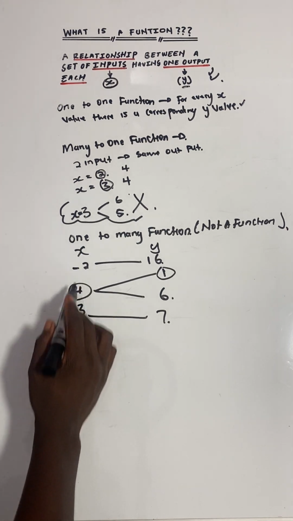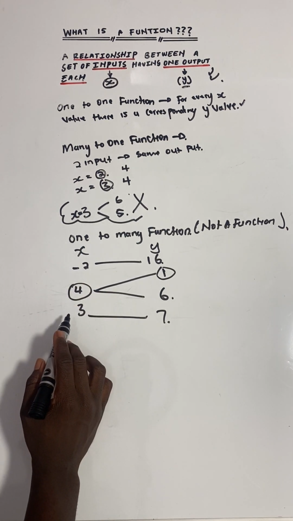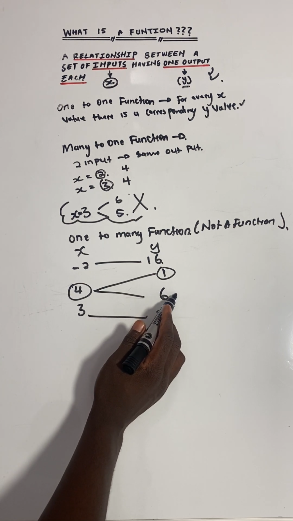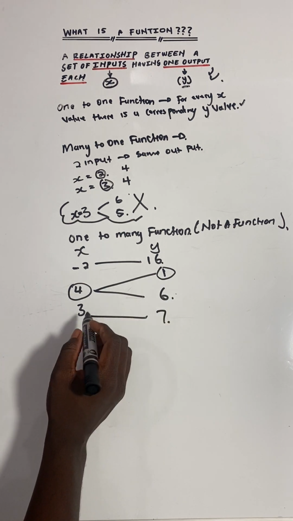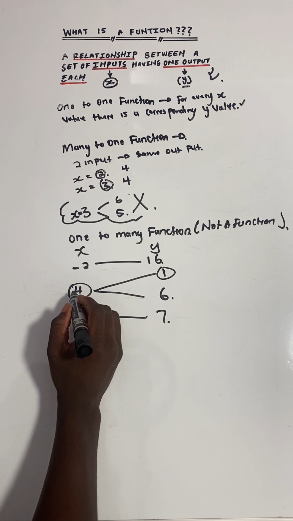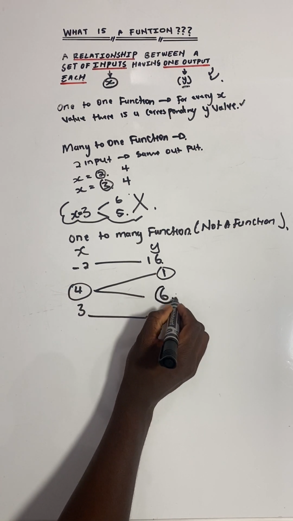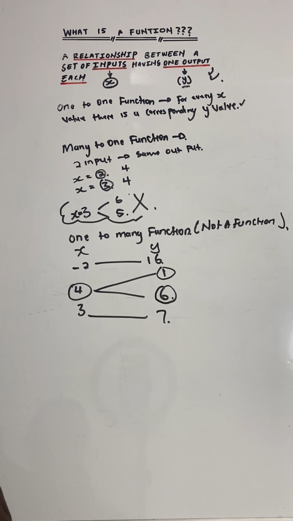So one input must have at least one output. It must not find itself like the x here having different outputs. So please make sure you grasp this content. Do not be confused.